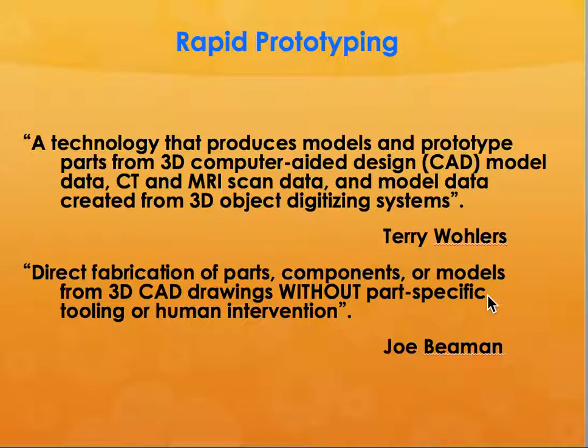You may machine the part while the building is going on. Ultimately, when it comes out, you just get a final completed part. That's it. So that's what you would call rapid prototyping or additive manufacturing or 3D printing or solid freeform fabrication. Whatever you want to call it, that's what it is.